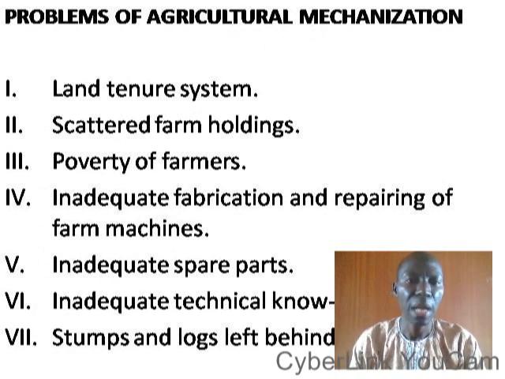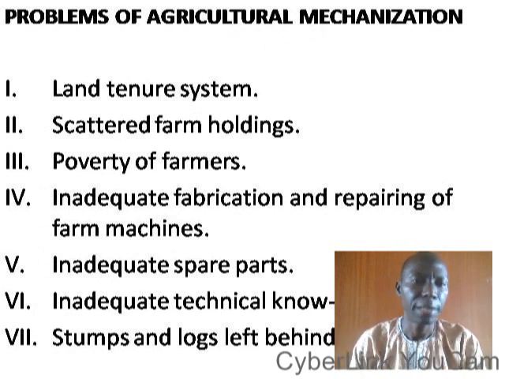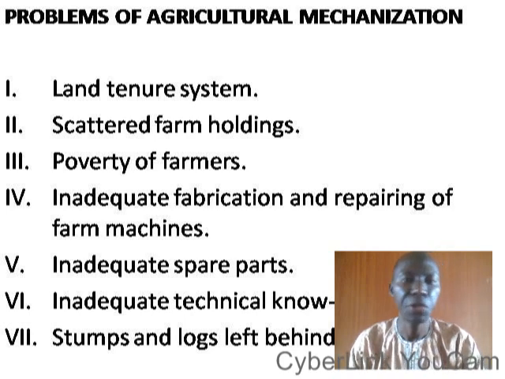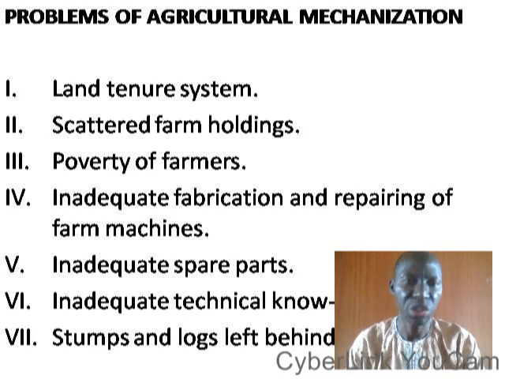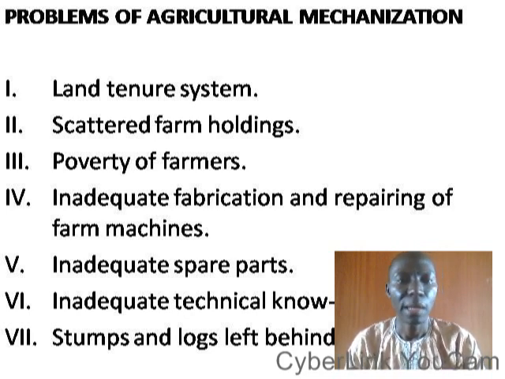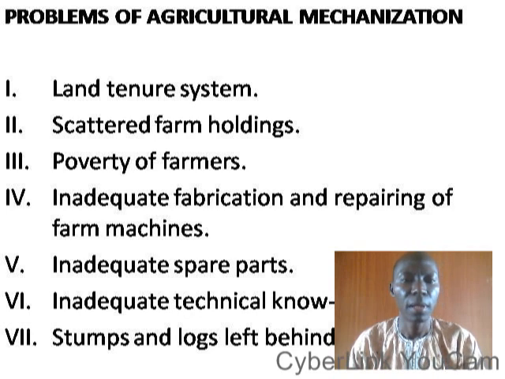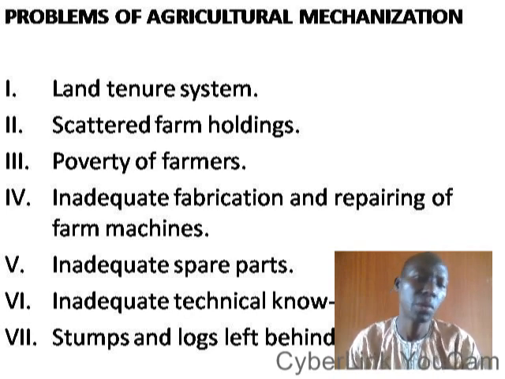Problems of agricultural mechanization. They are the following. Number 1, land tenure system. Land tenure system is a system of land acquisition, the one that has to do with purchasing of land and renting of land.